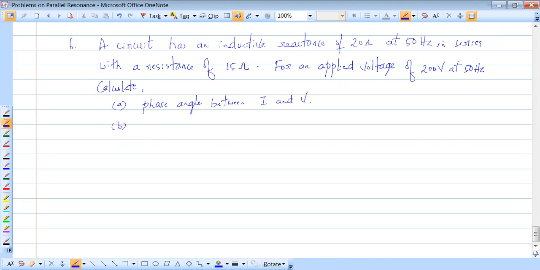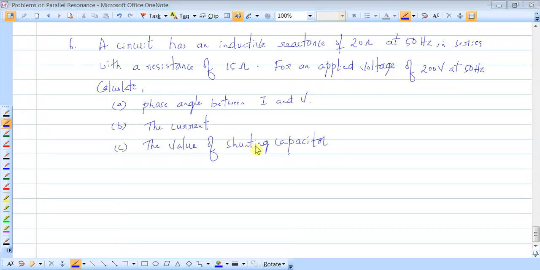Question B, the current. C, the value of the shunting capacitance. Shunting capacitance means the parallel capacitor. Shunting capacitor to bring the circuit to resonance.